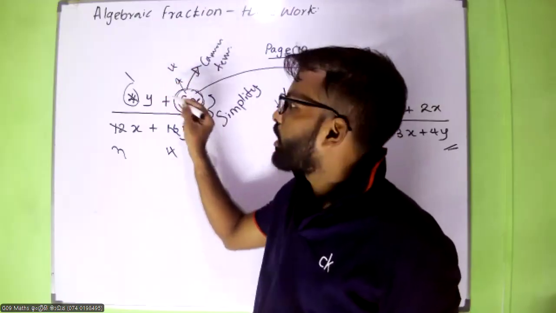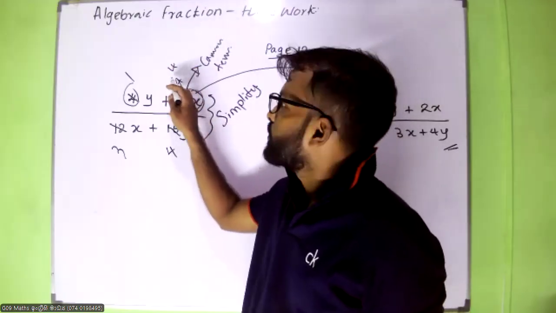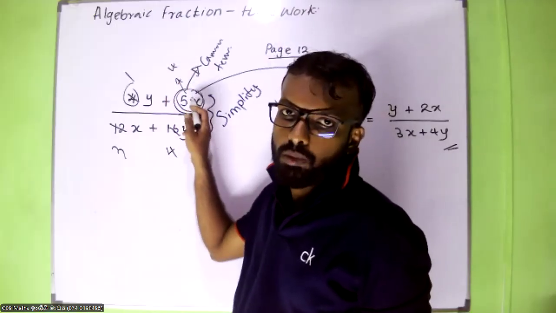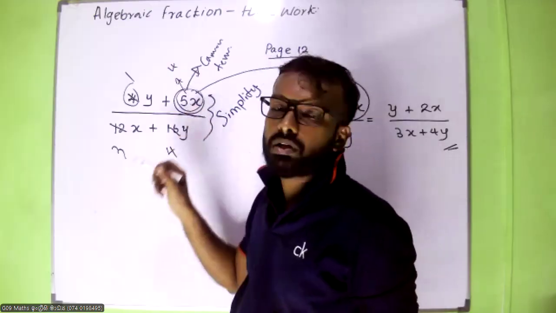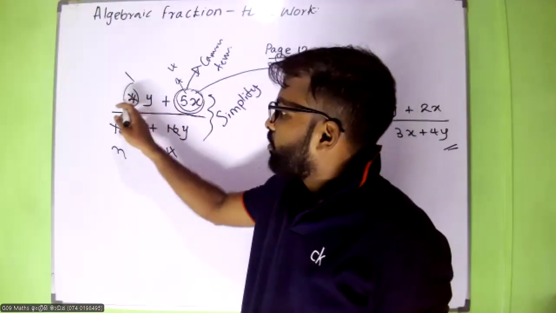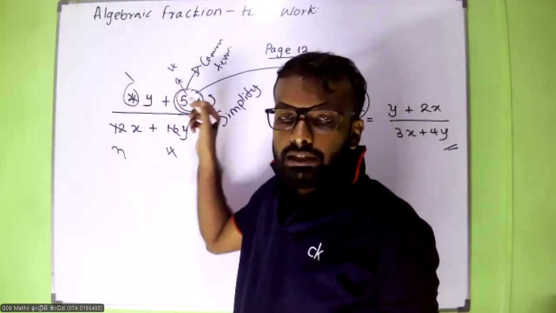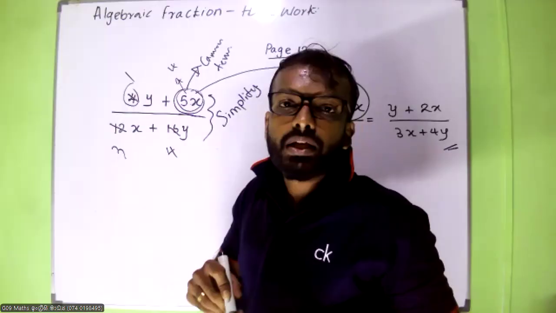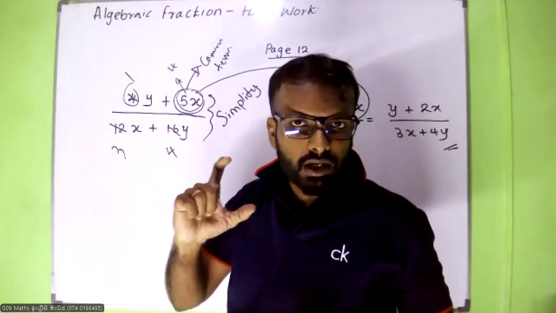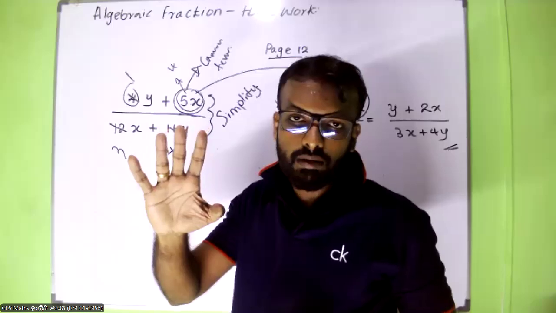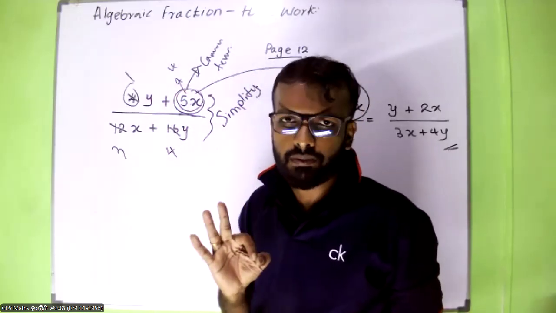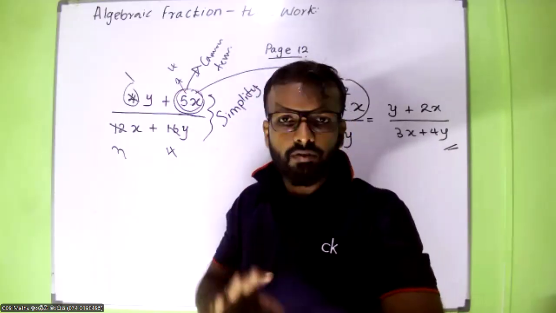You cannot take 4 as a common term for 5. This is not a common term. You cannot simplify that. All the terms included in the algebraic fractions should have the same common term. So keep that in your mind: all the terms should have the same common term if you want to simplify. That is the most important factor.